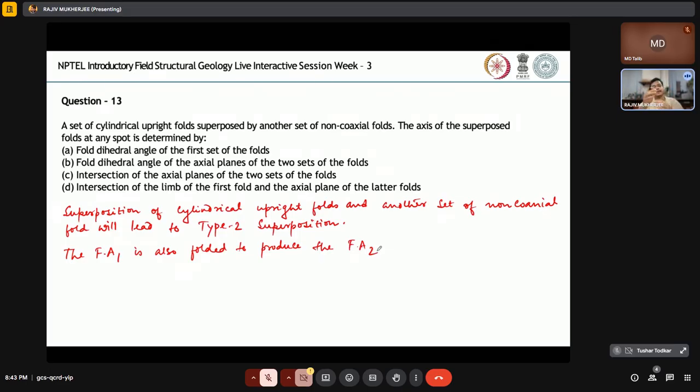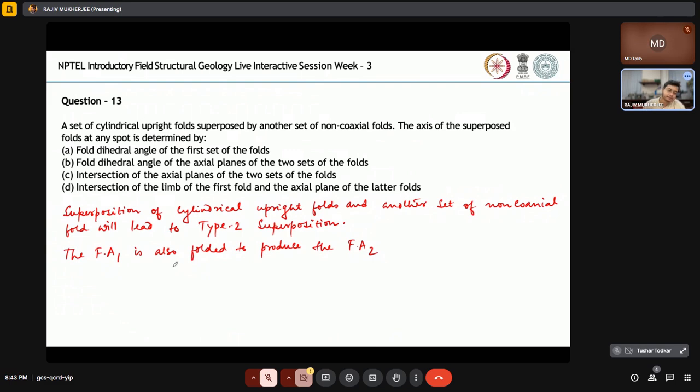Therefore, it is not easy to determine the fold axis just by studying the dihedral angles and the intersection of the limb of the first fold and the axial plane of the later folds.